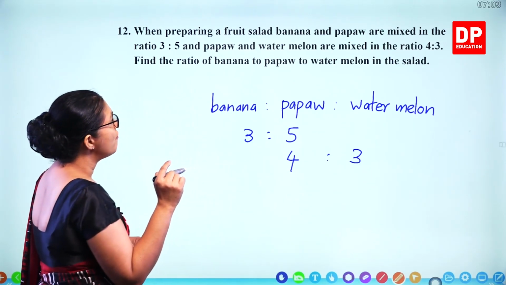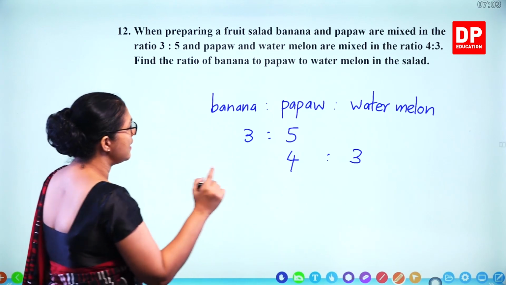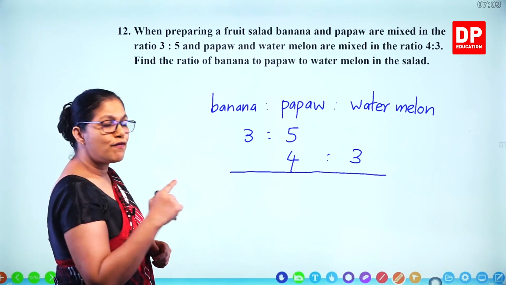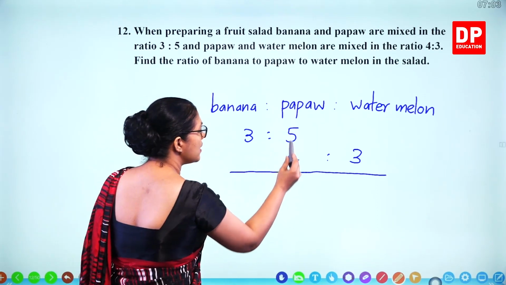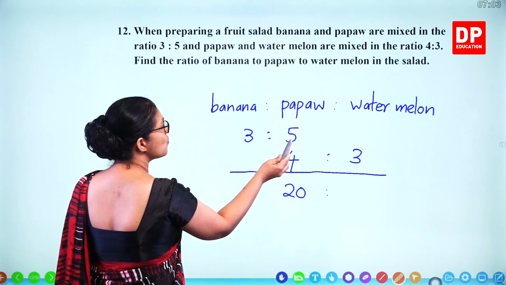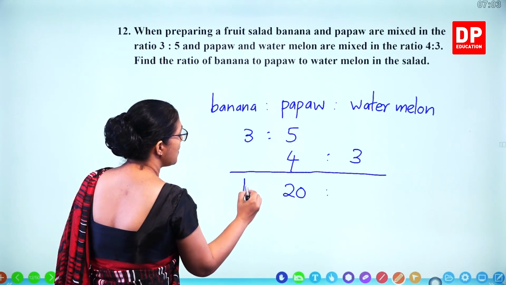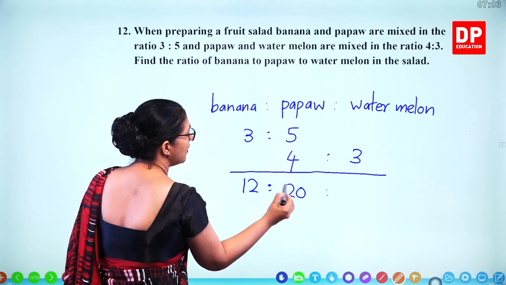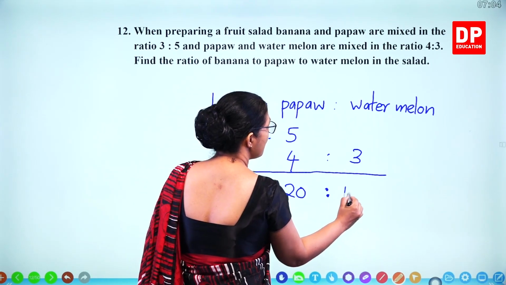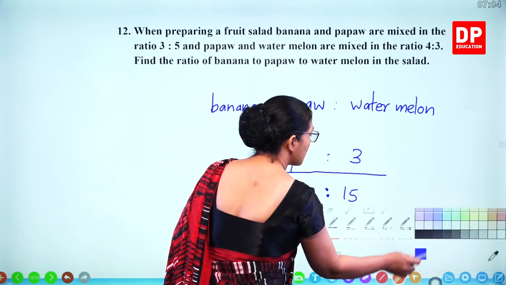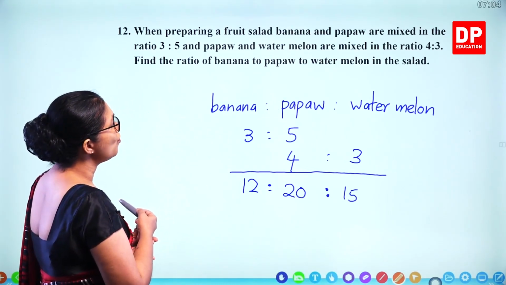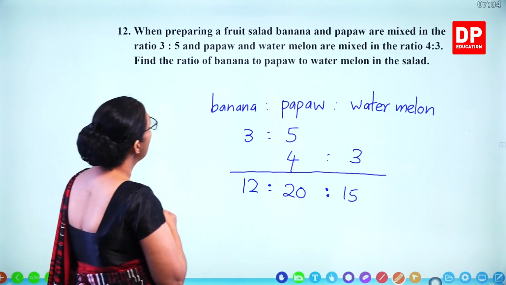Find the ratio of banana to pawpaw to watermelon in the salad. So common ratio, 5 and 4. What's the lowest common multiple? That's 20. That means this one you have to multiply by 4. 4 times 3, 12. This one you have to multiply by 5. 5 times 3, 15. So what's the common ratio? 12 is to 20 is to 15. 2 marks.